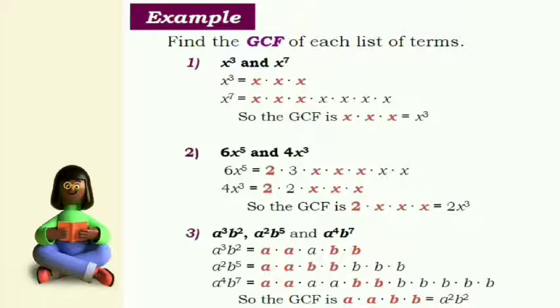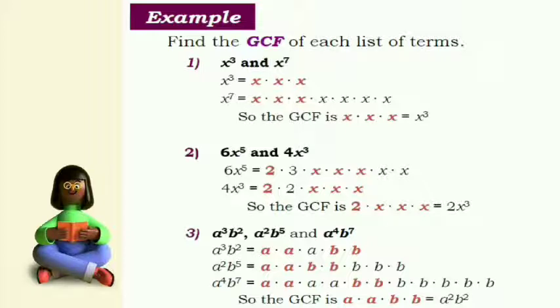Next, number 3. You have a to the third power, b to the second power, also a to the second power, b to the fifth power, and a to the fourth power, b to the seventh power. A cubed b squared is equal to a times a times a times b times b, so there will be 3 a's and 2 b's.